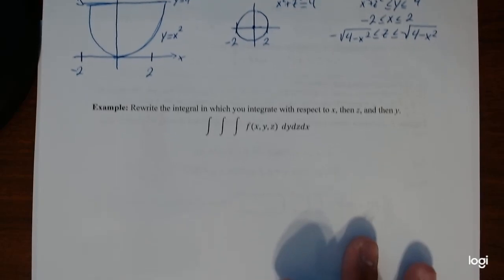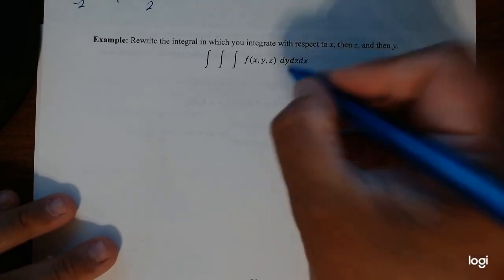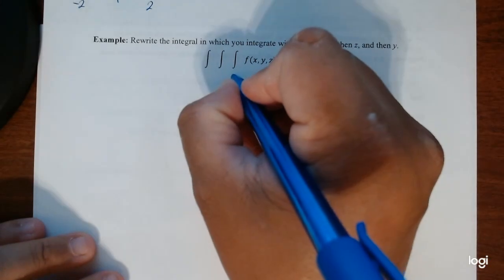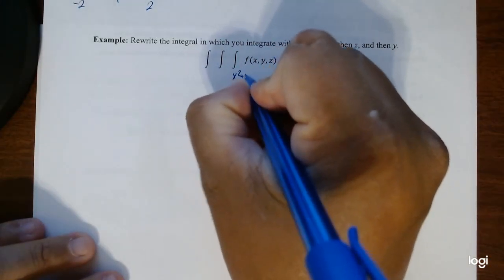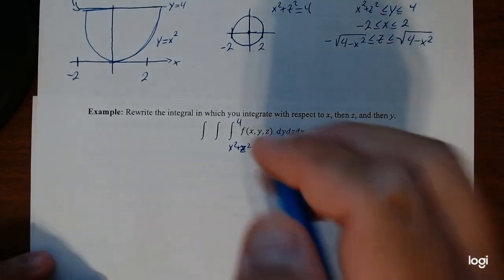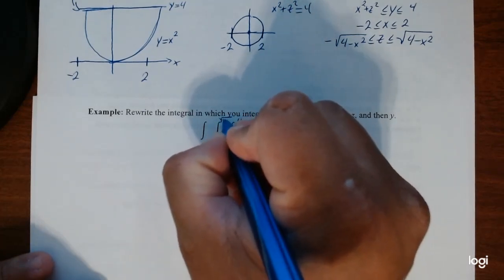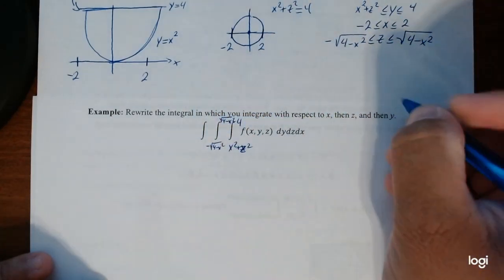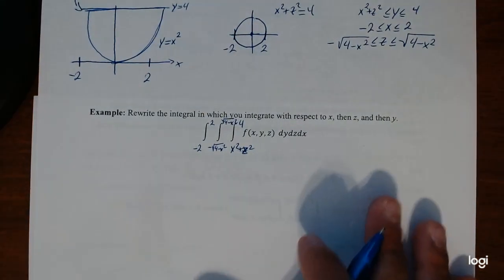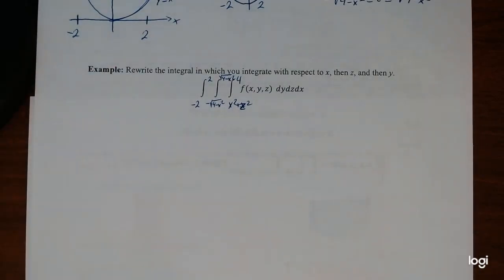Okay, so if I go down here, our bounds of integration with respect to y, z, and x: y goes first, so it's from x squared plus z squared to 4. Then z goes from the square roots, and then finally x. Okay. Which still looks like a horrible mess, but it actually is not that bad.